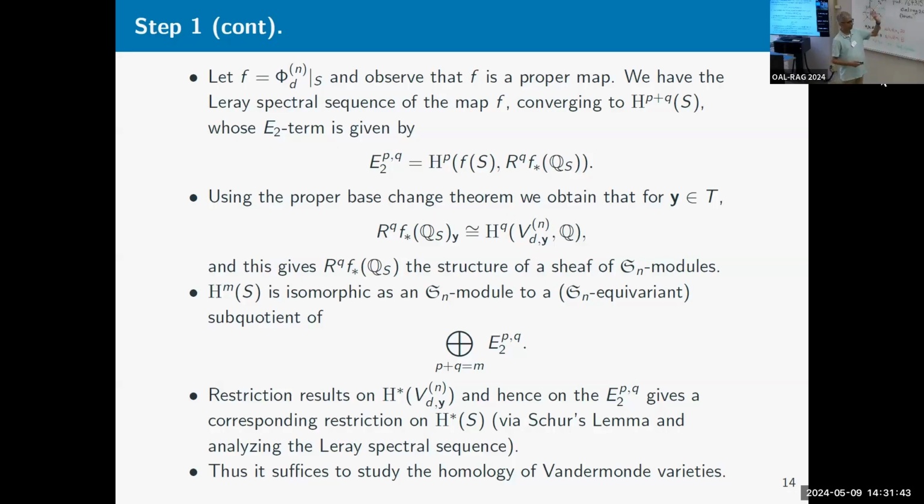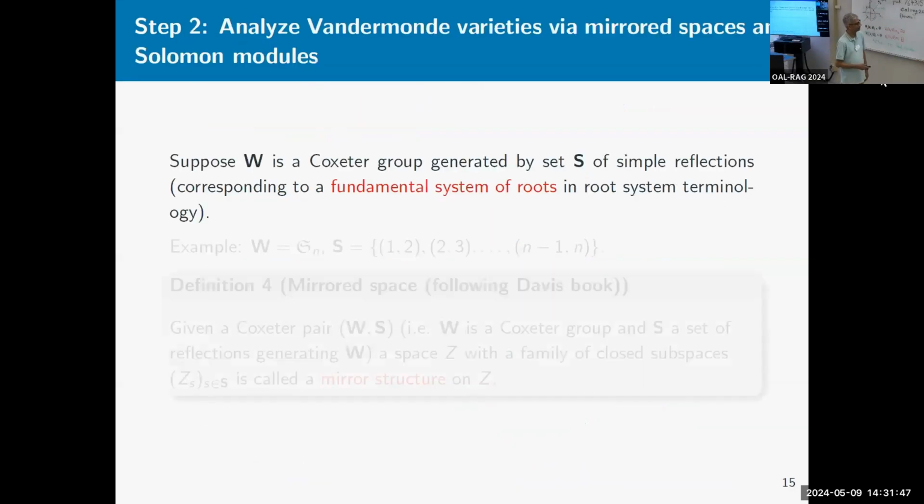So that's something more general, so let's skip it and just concentrate on van der Monde varieties. Just believe me that if you can prove such a vanishing theorem for van der Monde varieties, you will be able to prove it for arbitrary semi-algebraic sets defined by polynomials of degree at most d.